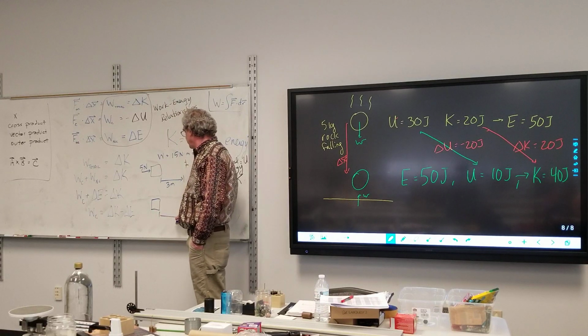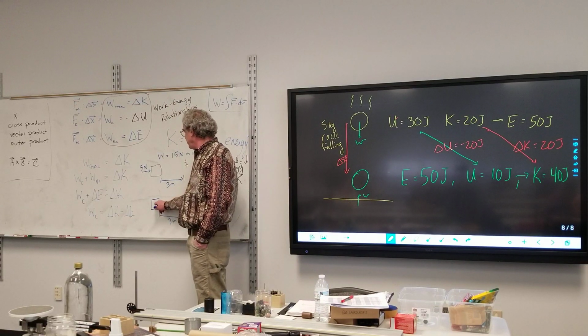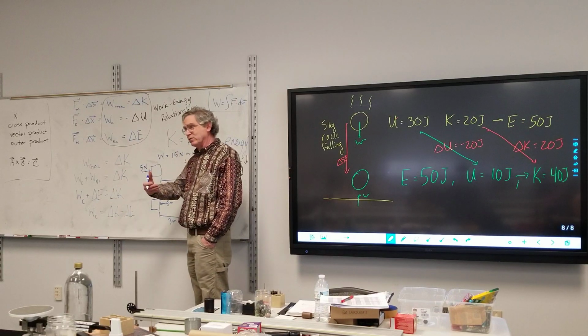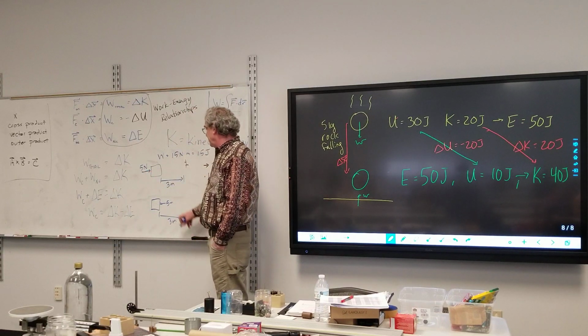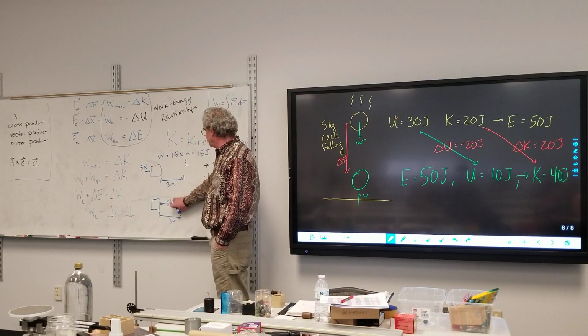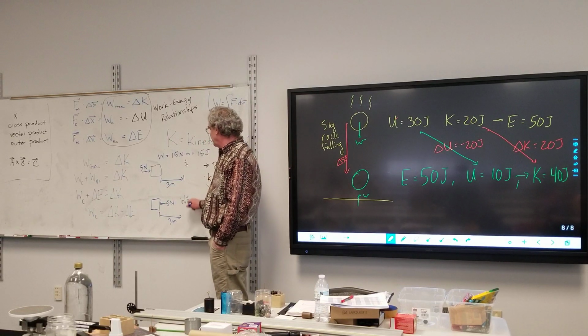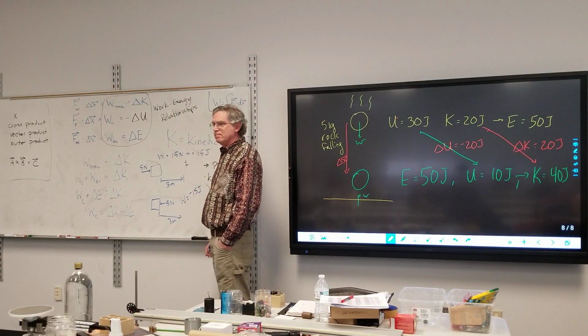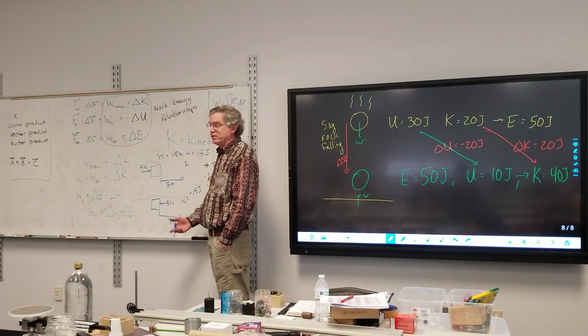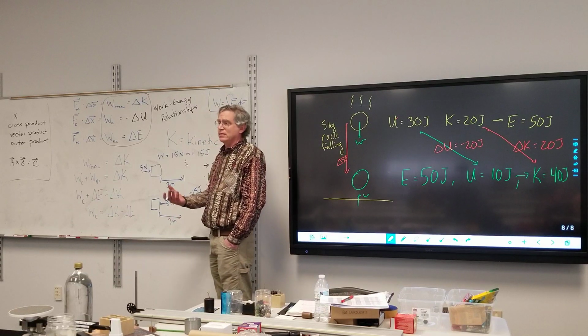If the box is moving 3 meters this way, and I'm pushing against it, so it starts out with some speed and I'm trying to slow it down, they're in opposite directions, so the work done by this 5 Newton force is negative 15 joules. If they're opposite, one of them is going to be positive, the other is negative. When I multiply them, I get a negative.